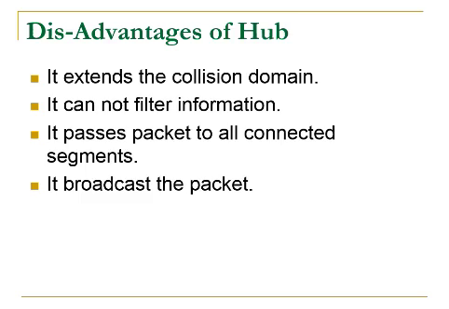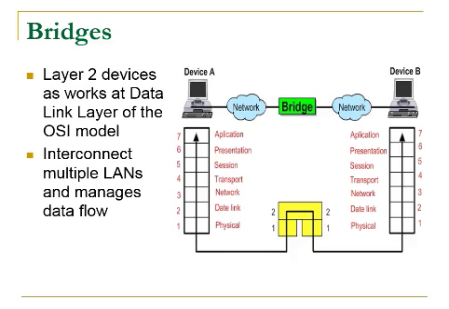So these are the disadvantages of hub. It extends the collision domain. It cannot filter information. It passes packets to all connected segments. It broadcasts the packet.